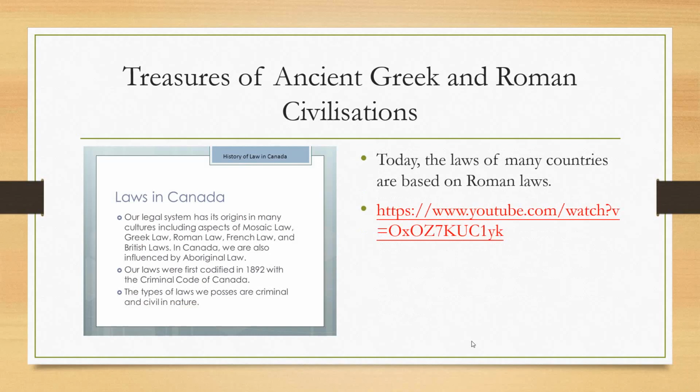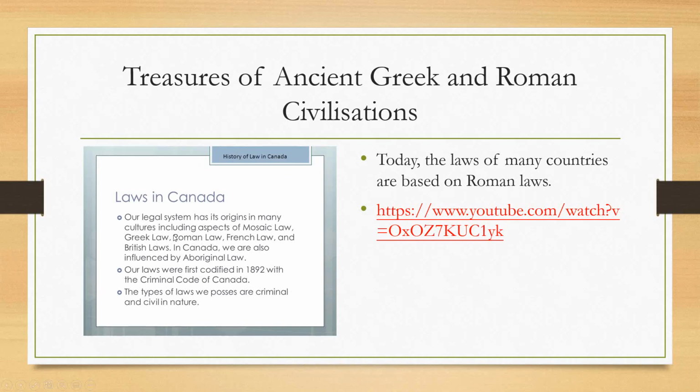Now, the Roman laws had an important impact on subsequent laws. Say, for example, here you can find a PowerPoint prepared by a law professor in Canada, and he also stressed that the Canadian legal system is influenced by the Roman system.